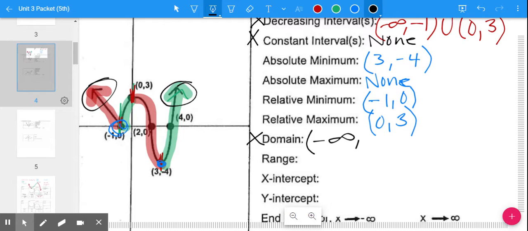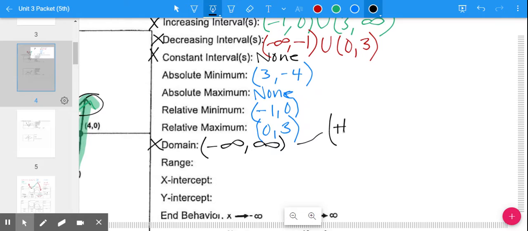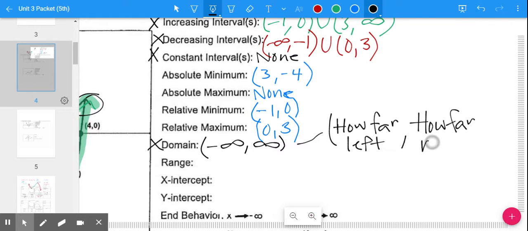On the right side, there's another arrow, which means it's going towards the positives for infinity. So again, this answers the questions: how far left, and how far right, when we're talking about interval notation.